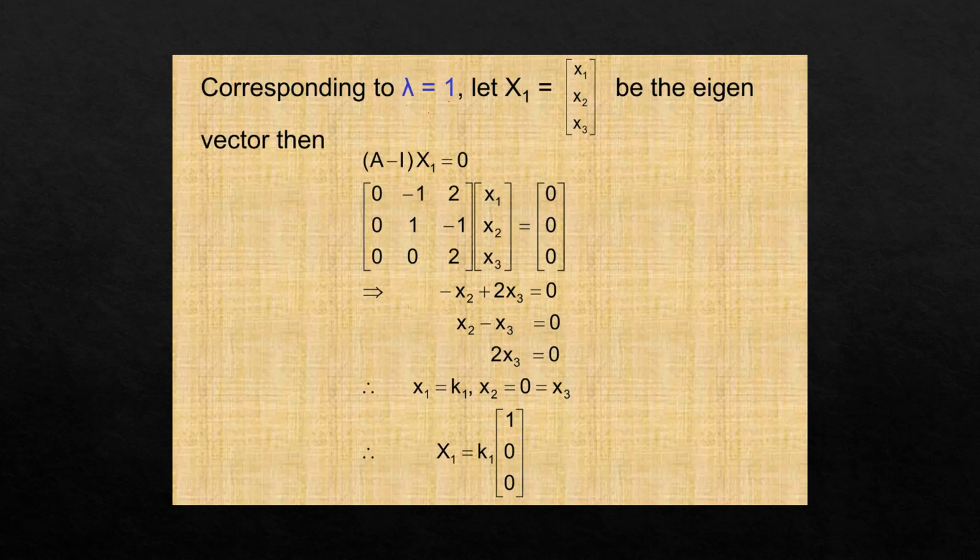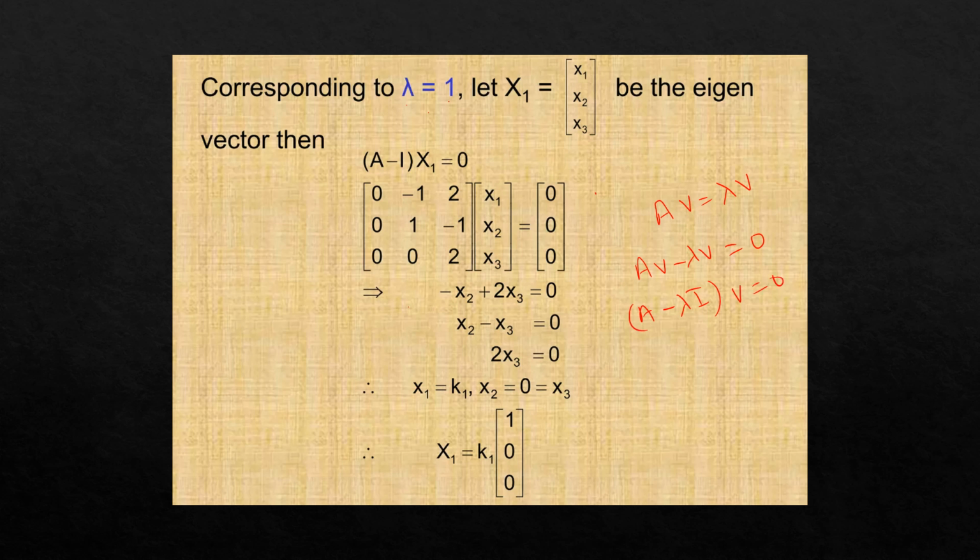So if I substitute this, my equation was A of V is equal to lambda V. If I take lambda V to this side, this becomes A of V minus lambda V is equal to 0, and I can write it as (A minus lambda I) into V equal to 0.